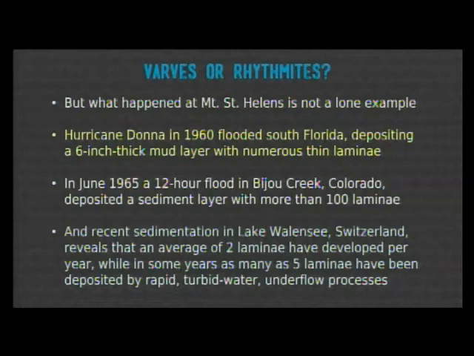A 12-hour flood in June 1965 in a creek in Colorado deposited a sediment layer with more than 100 laminae. Just from one flood, more than 100. And recent sedimentation in Lake Walensee in Switzerland reveals an average of 2 laminae, and in some years as many as 5, from rapid underwater flow processes.